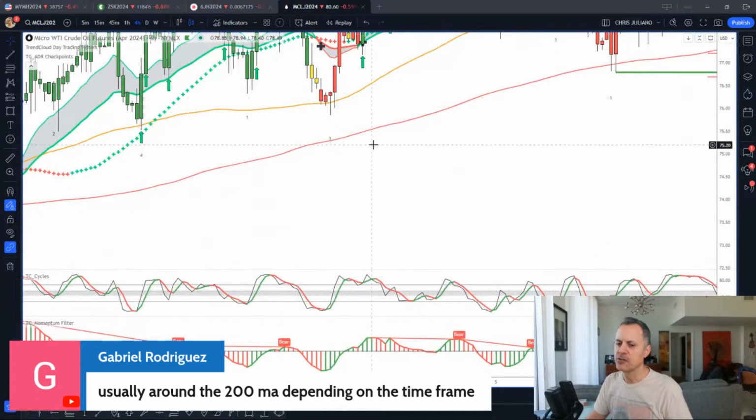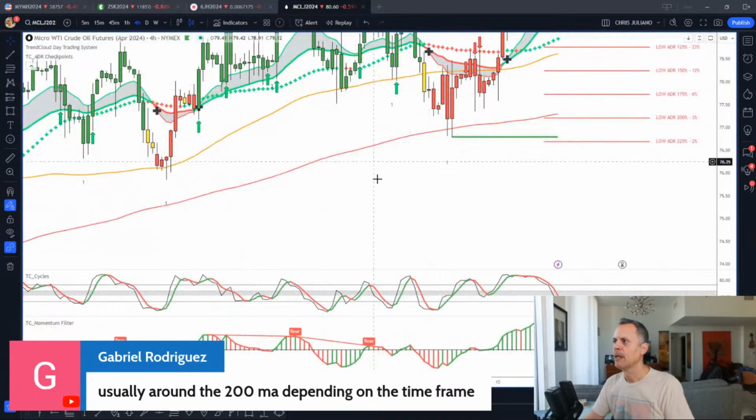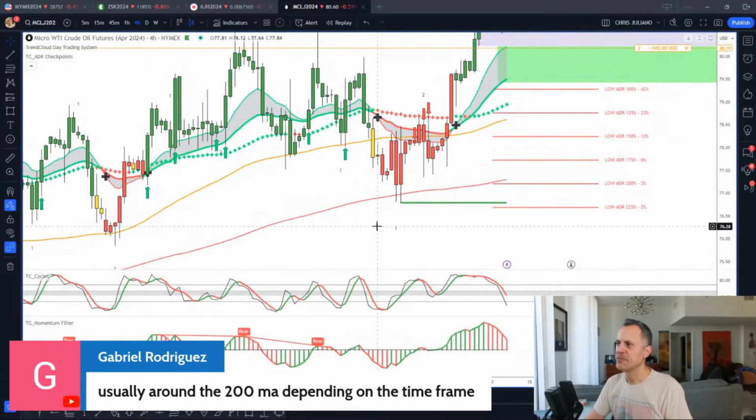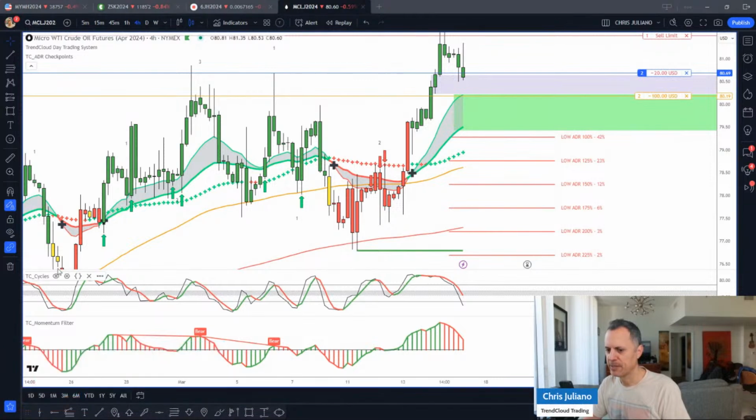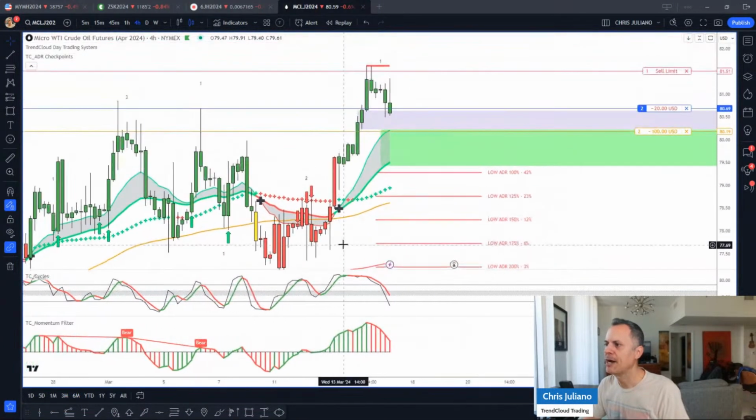You can see how they kind of squish together a little bit and then open up. Price likes to bounce in between them and then make some kind of a move. So yeah, excellent. Definitely use that on the highest time frame.